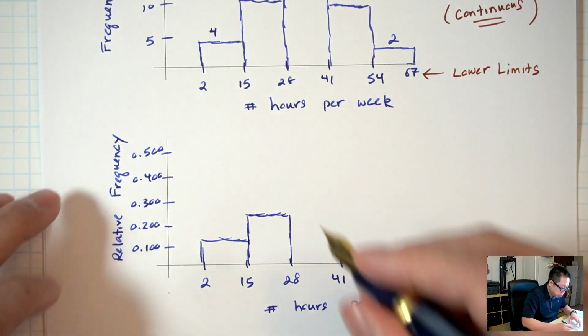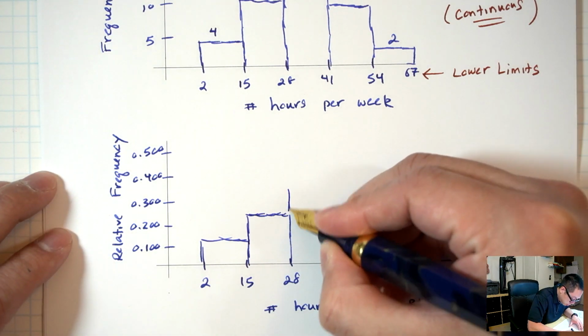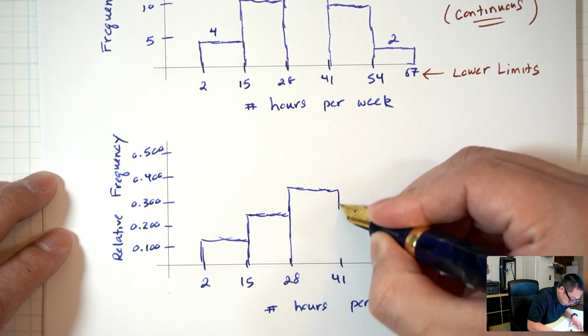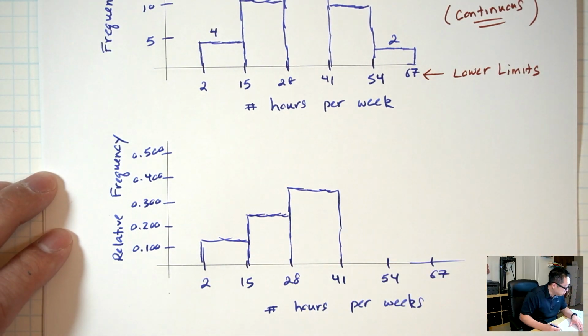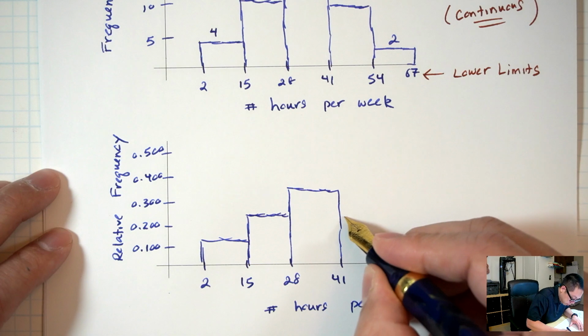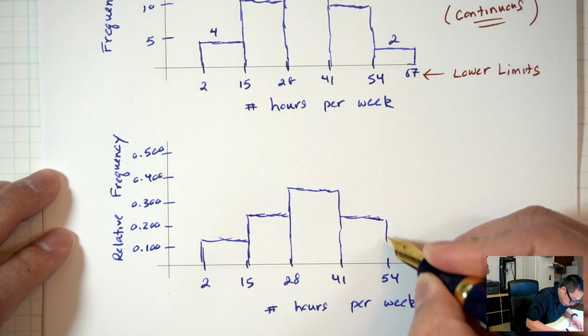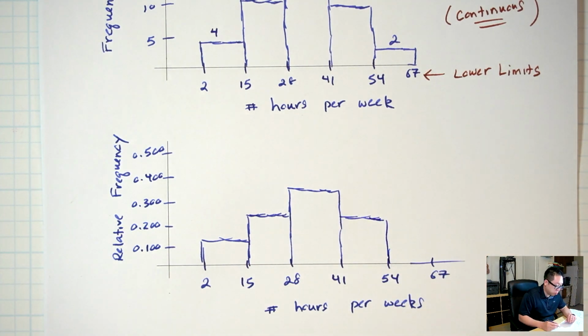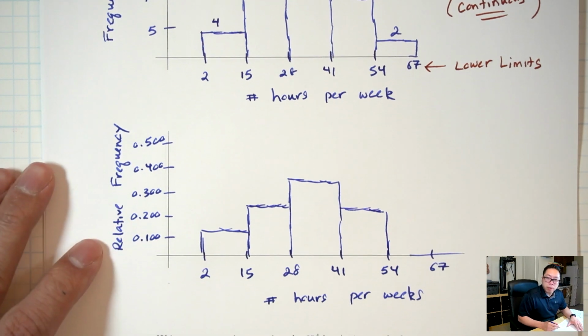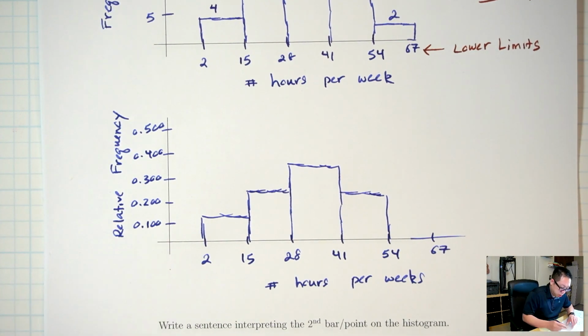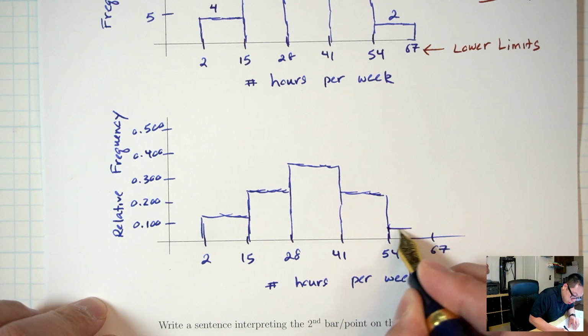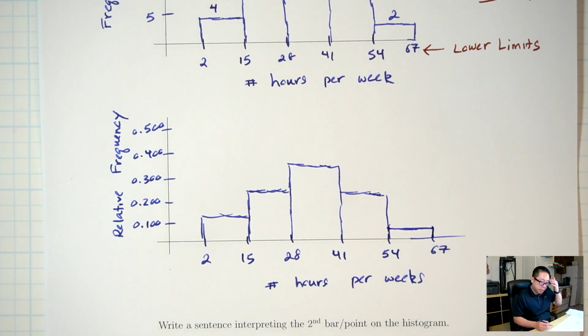Next up is 0.342. Next up is 0.237. And then finally 0.053, which should be below this, somewhere here. And then just like before, let's label the heights.